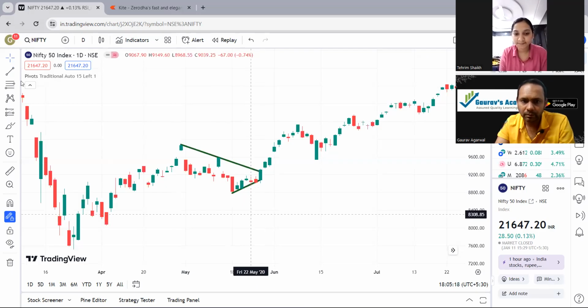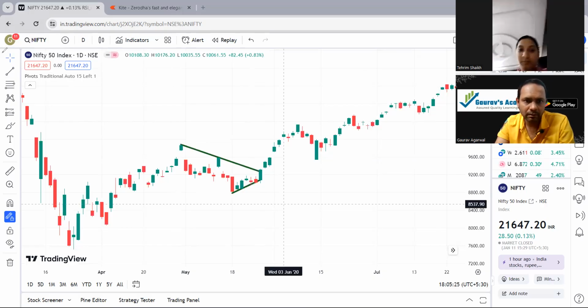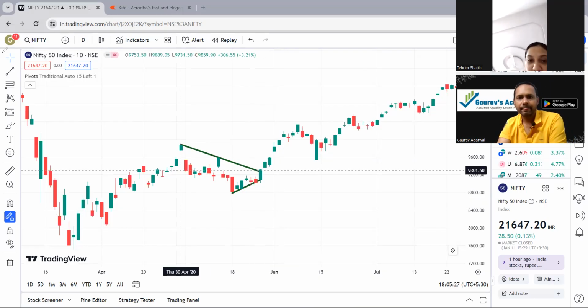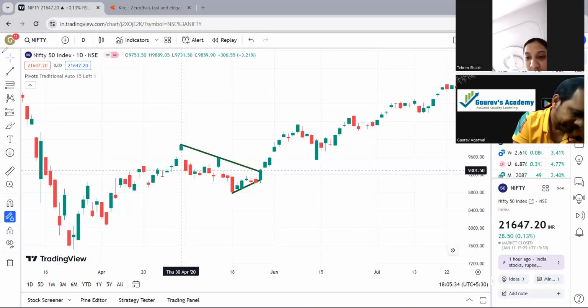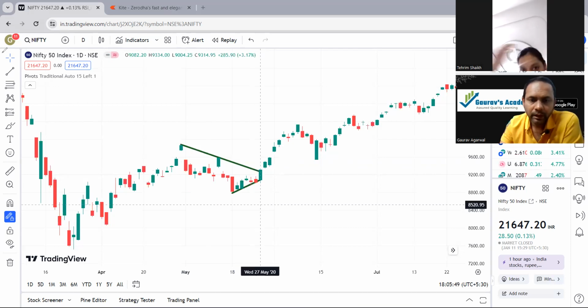You can note down the high and low prices of this candle.